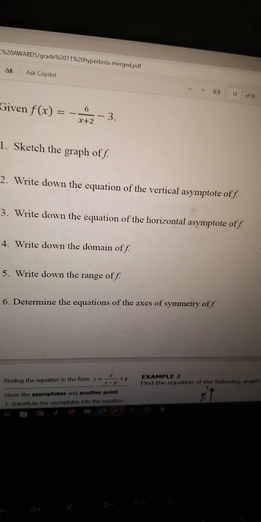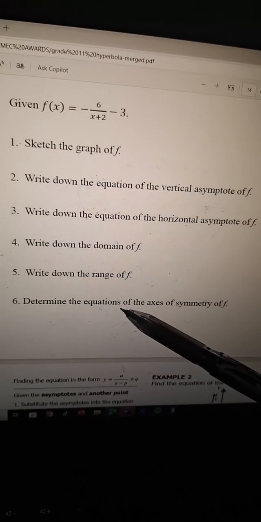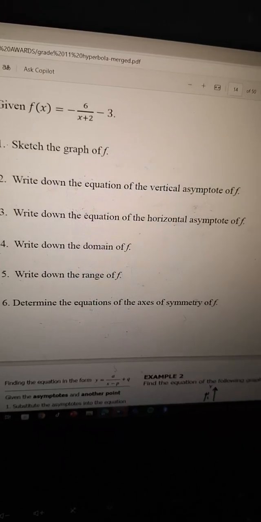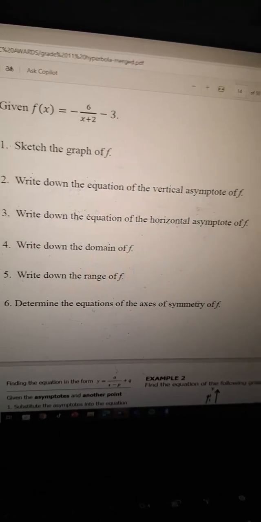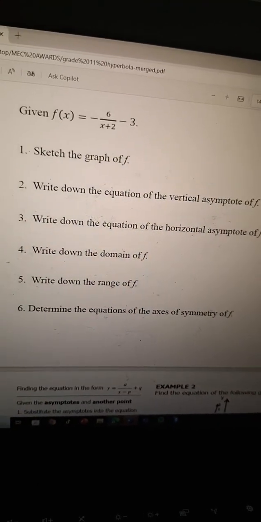Okay, please guys do that. And then 6 says determine the equations, plural, not one, but the equations of the axis of symmetry. So I'm hoping you guys can answer those questions, and we'll definitely be extending it as we go along.